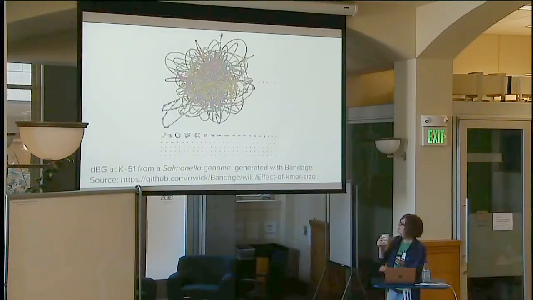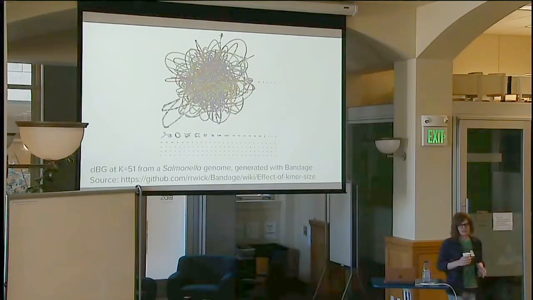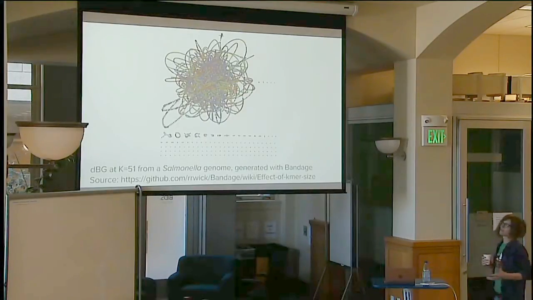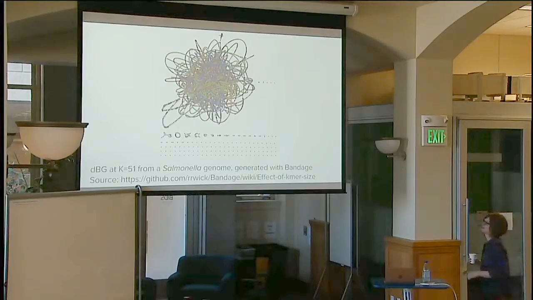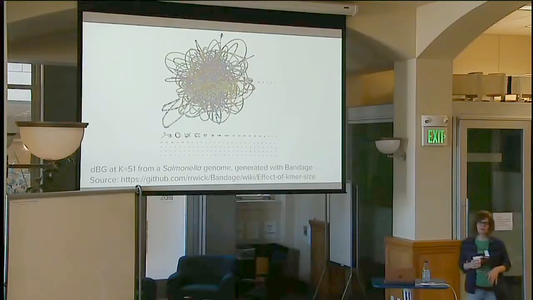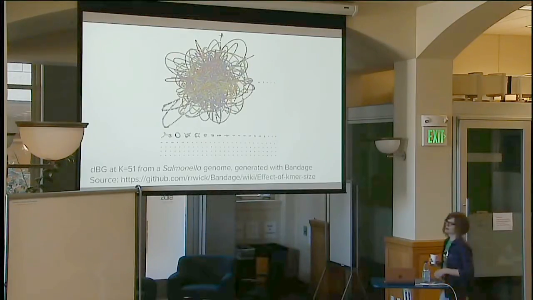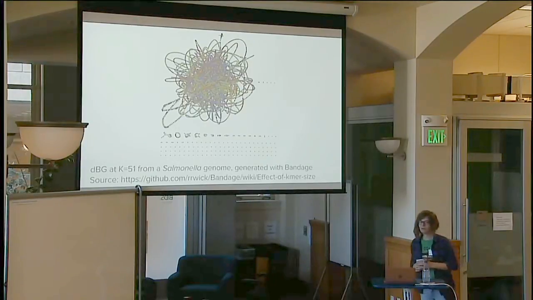But to give you an example of what these underlying assembly graphs end up looking like, this is an assembly graph generated with k equals 51 from a Salmonella genome. So this was made with a program called Bandage that you can find on GitHub. I didn't write it, but it's a wonderful little utility for looking at these. Salmonella is not a very big genome, right? And this is already a big hairball.